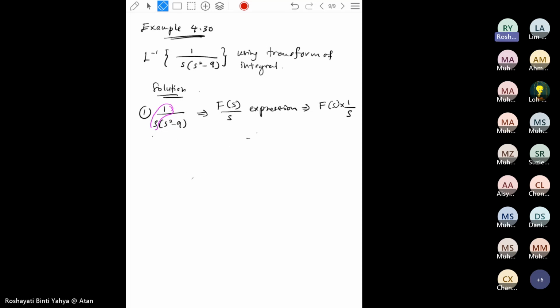So F(s) is 1 over s squared minus 9. So for number 3, you need to find your f(t). What is your f(t)?